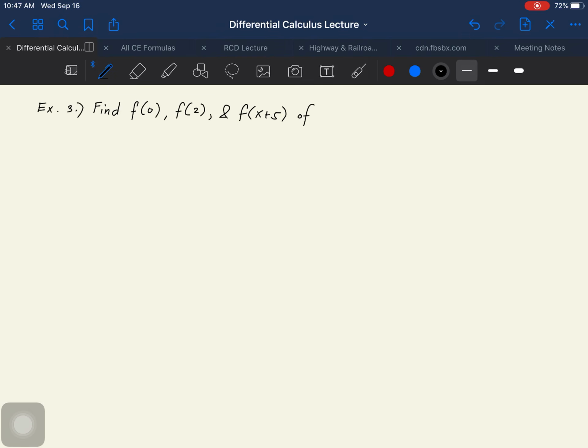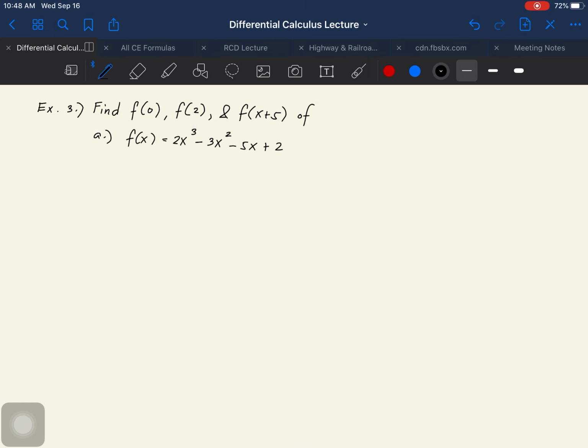Of a function f of x equals 2x cubed minus 3x squared minus 5x plus 2.